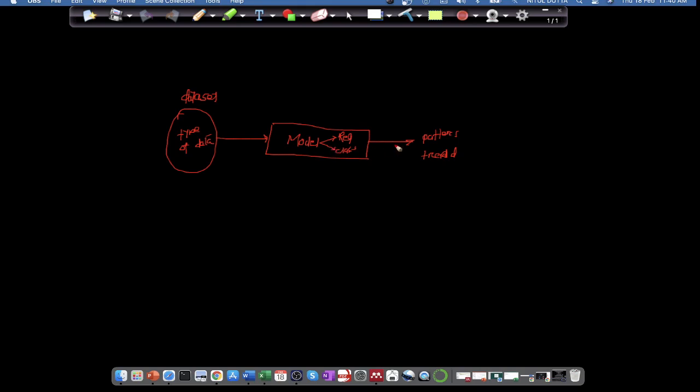And based on the model applied, either it will give some classification, a pattern of classification, or it will give some concrete, deterministic value of the predicted parameter.